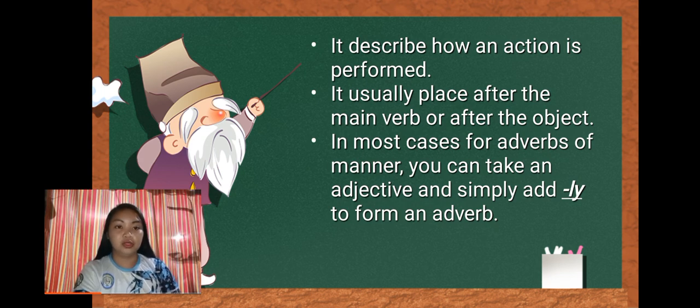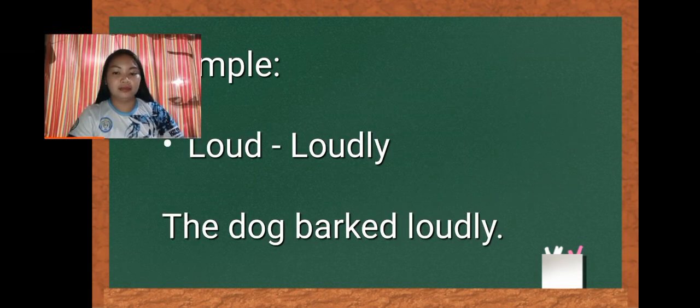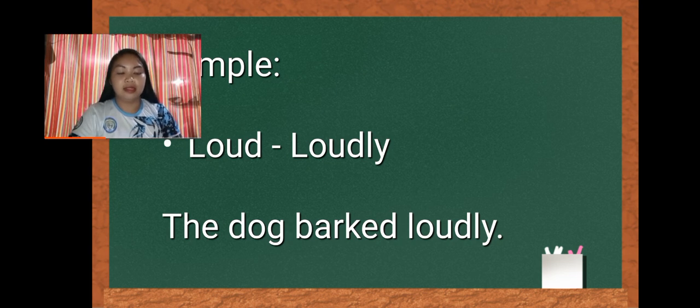An adverb of manner usually goes after the main verb. Let's have an example. The adjective loud, and just add ly to make it an adverb, which is loudly. And let's use the word loudly in a sentence. The dog barked loudly.